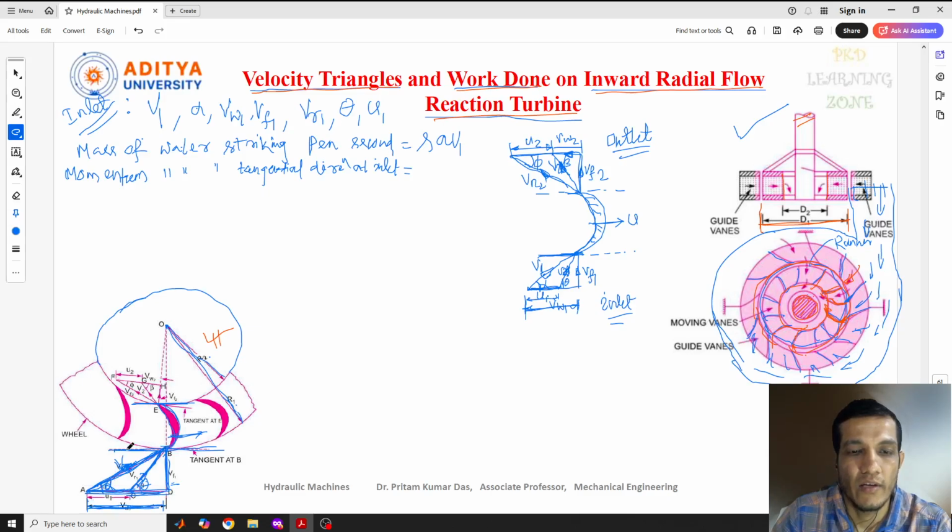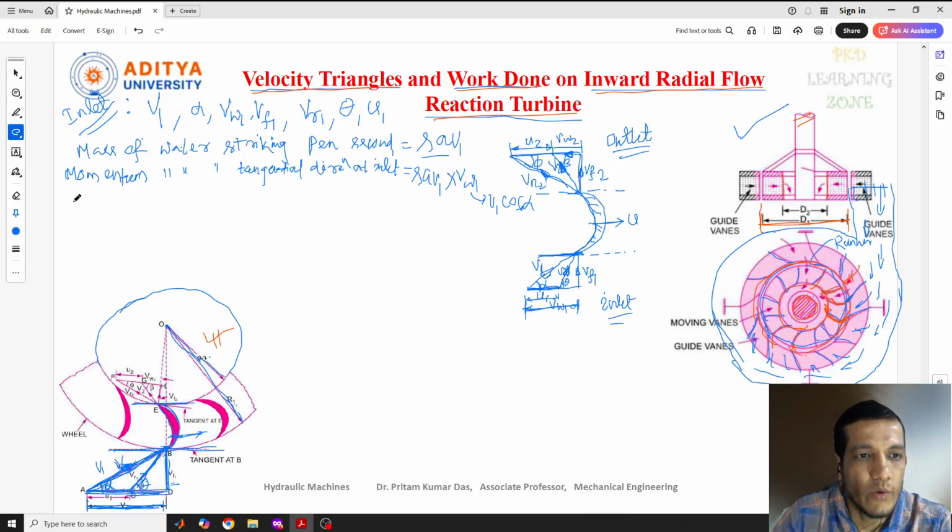The mass is rho A V1, into VW1. VW1 is the component of velocity V1 in the tangential or horizontal direction. This VW1 can also be written as V1 cos alpha.